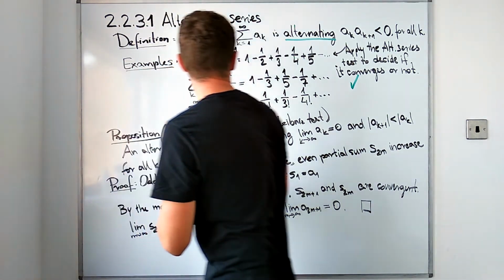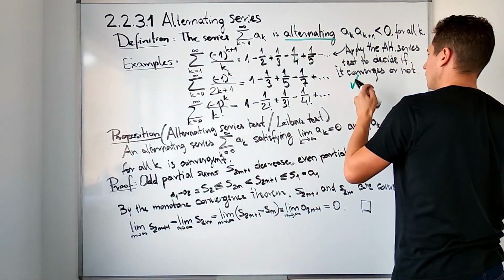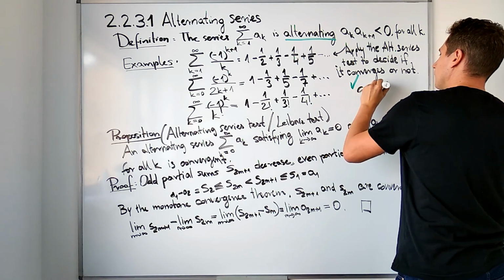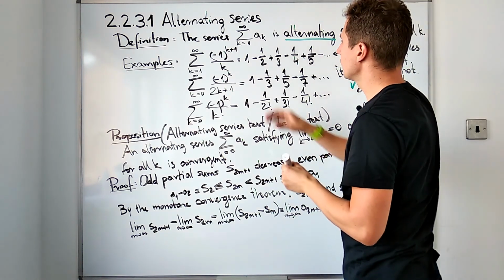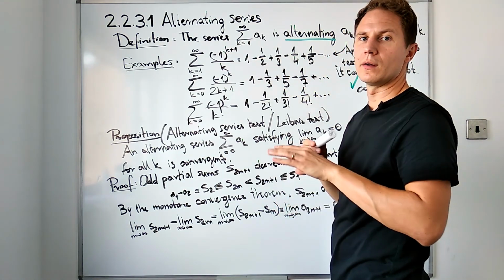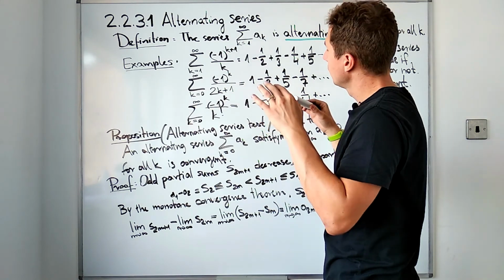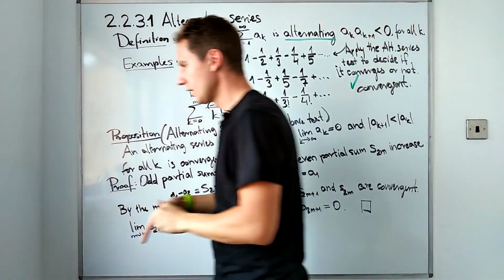Hence, this alternating harmonic series is convergent. Unlike the harmonic series, which had all pluses, that was divergent, this alternating version of it is convergent.